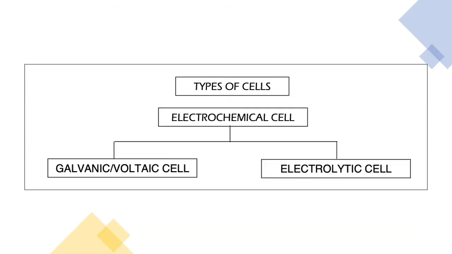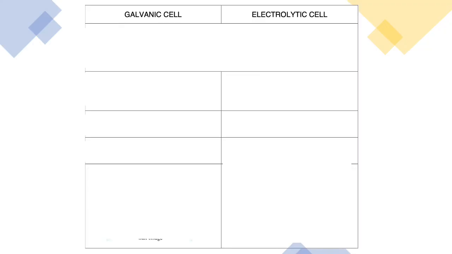In this chapter, we are going to learn about two types of cells: the galvanic cell, which is also known as the voltaic cell, and the electrolytic cell. Let's take a look at the comparison between these two cells. First, the similarity.